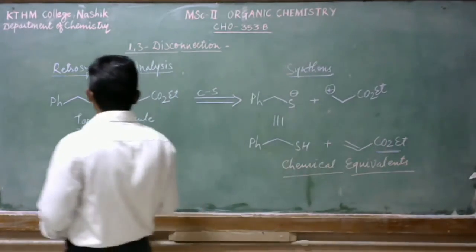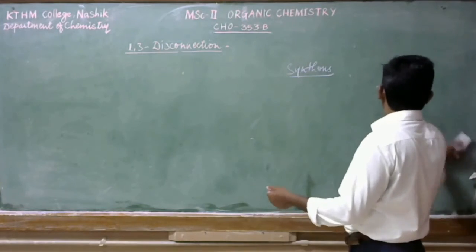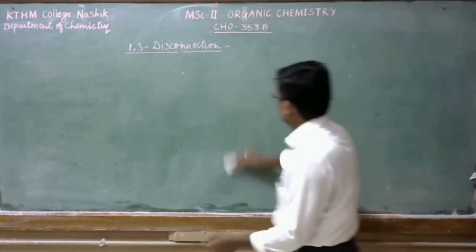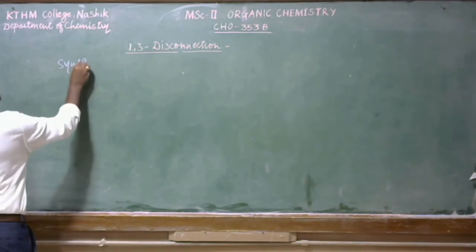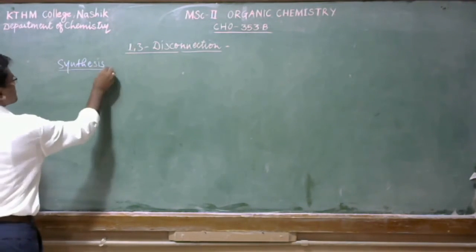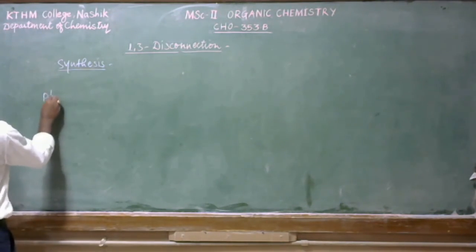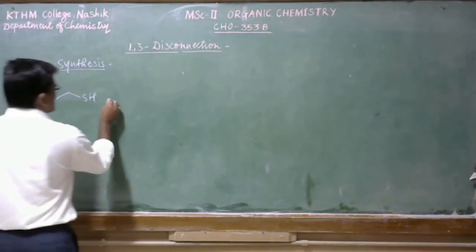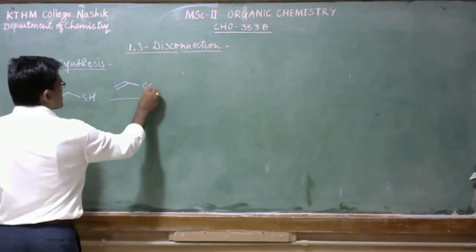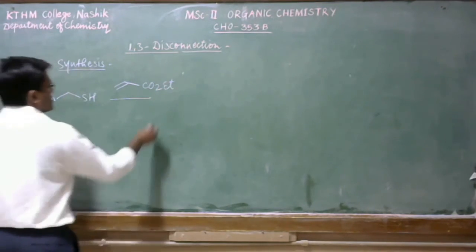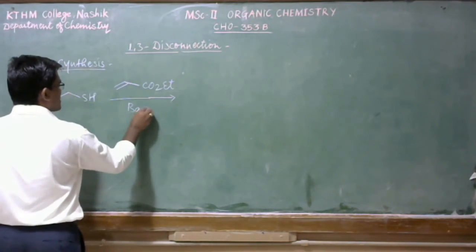Okay, so let us have its forward synthesis. So the thiol is reacted with this alpha beta unsaturated carbonyl compound in the presence of base.